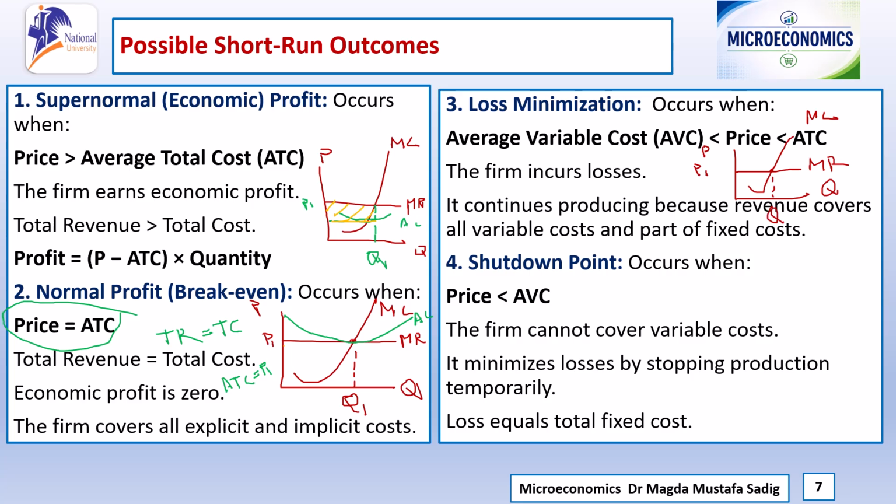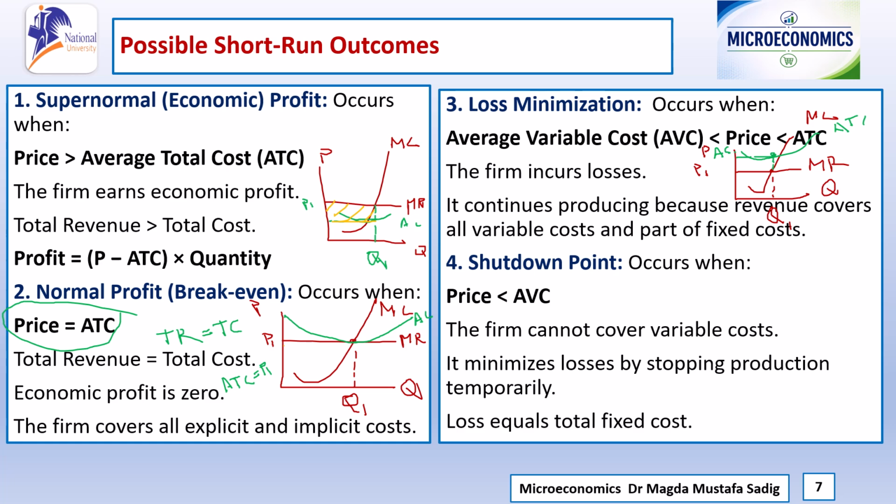This is Q1. But the problem is that the cost for producing Q1 is here. Average total cost, this is average total cost. It is larger than the price. This is average total cost or average cost.